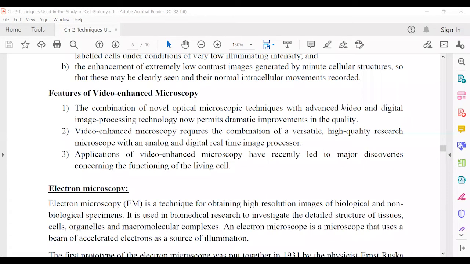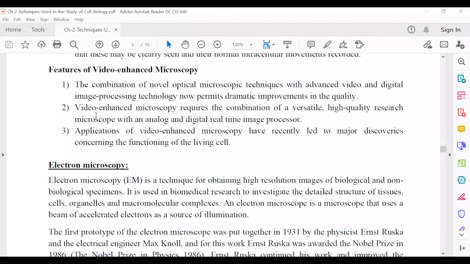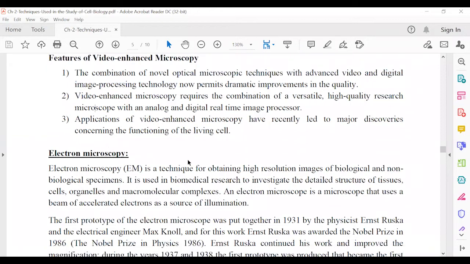In this technique, advanced video and digital image processing technology is used to perform the successful operation. Video enhanced microscopy requires the combination of a versatile high quality research microscope with an analog and digital real-time image processor. Last, application of video enhanced microscopy has recently led to major discoveries concerning the functioning of the living cell.